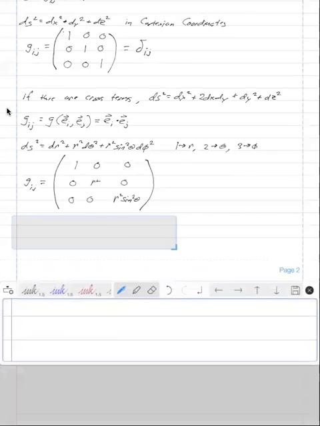Last time we also introduced how you transform a rank 2 covariant tensor to another. And so I'll just write that down again to show how you can find the metric if you know another metric.